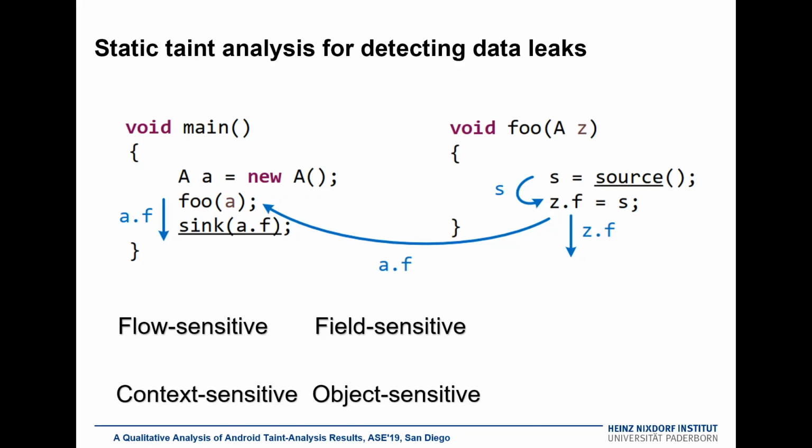Analysis is field sensitive if it models the fields of each object, as you can see from this example. It can also be object sensitive if the analysis distinguishes the function calls made on different objects. Previous work has considered all these sensitivities.